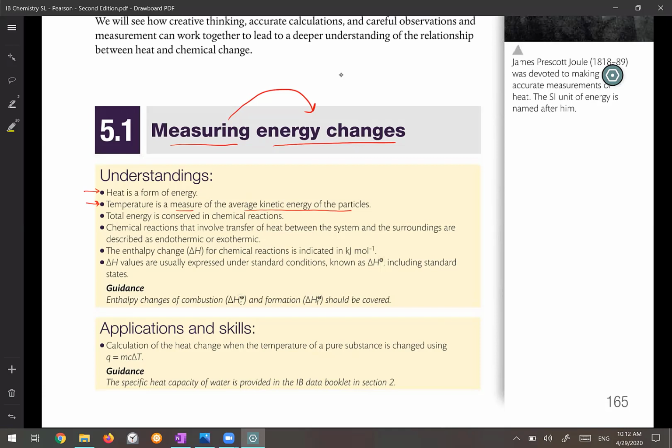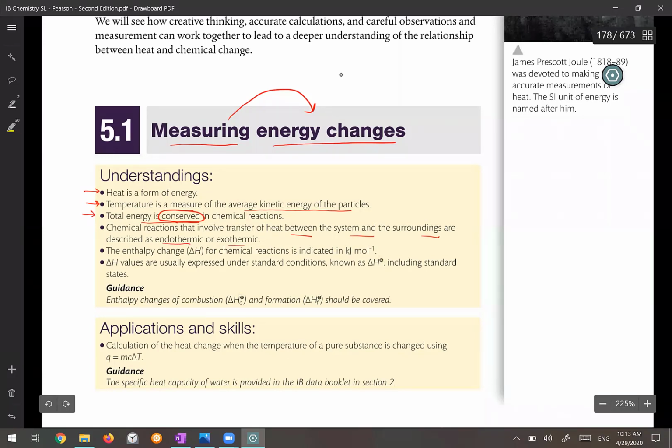In the chemical reaction, the energy converts, so the total energy is conserved in a chemical reaction. It means the energy cannot be destroyed nor produced during the chemical reaction. The chemical reactions that involve transfer of heat between the system and surroundings are described as endothermic and exothermic.